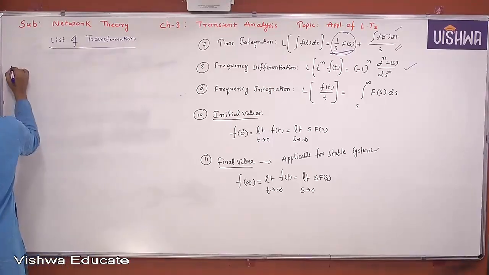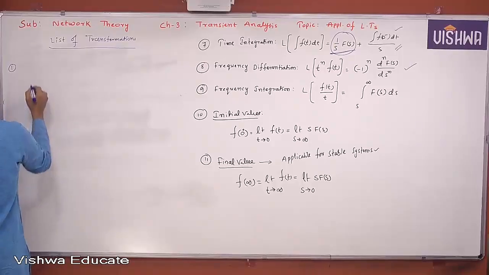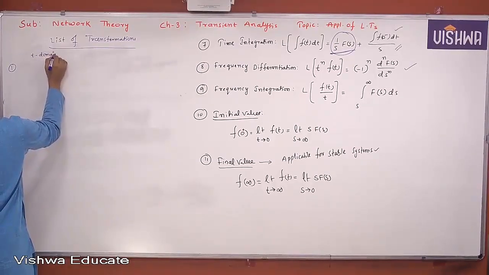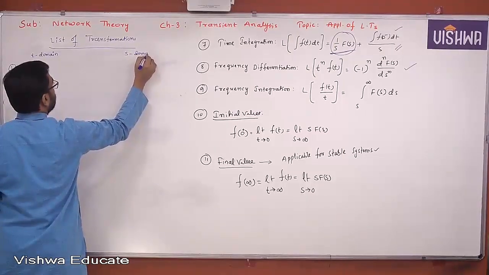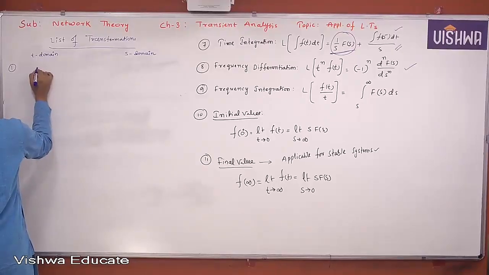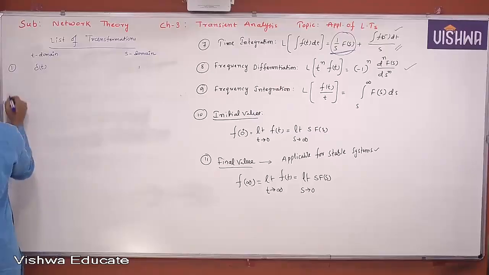The first one is, I think you might be knowing, the time domain and S domain. What is the time domain? If we take the first one, it is impulse. What is this? 1. Yes or no?